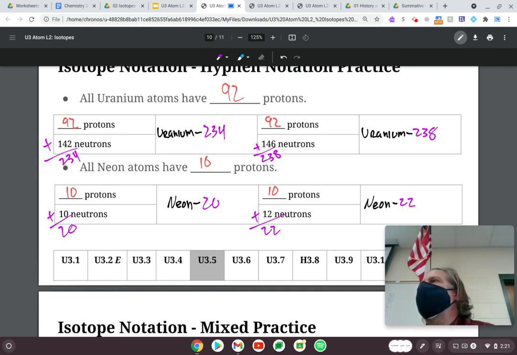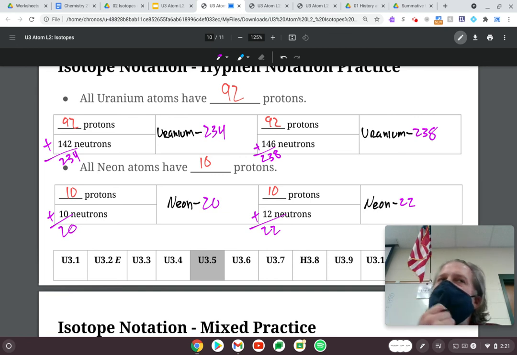And hopefully you located neon to have 10 protons because it has an atomic number of 10. So 10 protons plus 10 neutrons is 20, so it's neon dash 20. 10 protons plus 12 neutrons is 22, so it's neon dash 22.